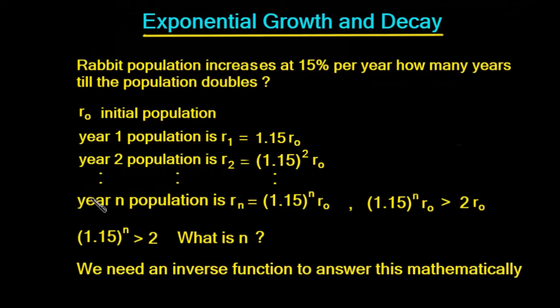So in general we could say that after year n, the population Rn, the population after n years, is going to equal 1.15 to the power of n times the original population R0. If we look at the format of this equation, this is nothing other than our exponential growth function. We have the value of a, which is 1.15, raised to a power, and the power here is an independent variable.